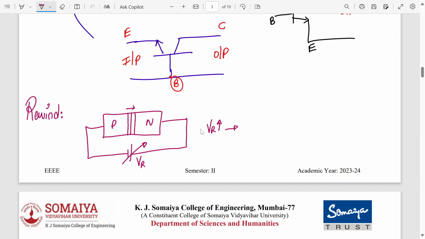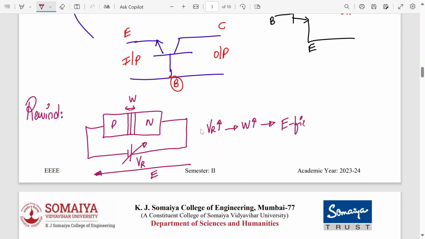The width W will increase, right? What else will happen? The electric field, which is from positive to negative. So the electric field will become very powerful.